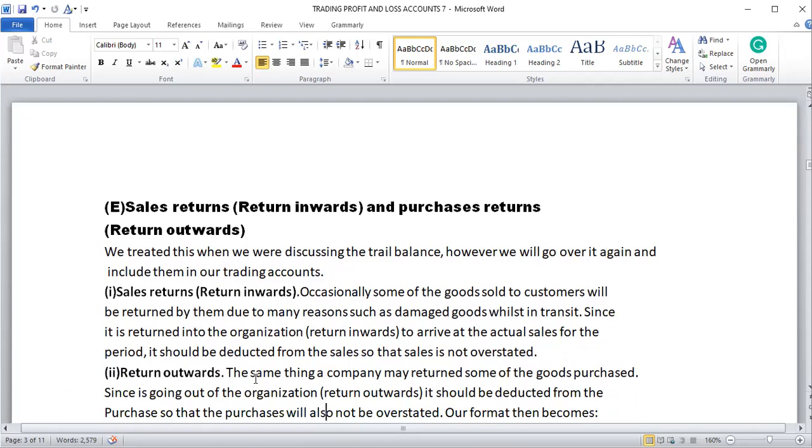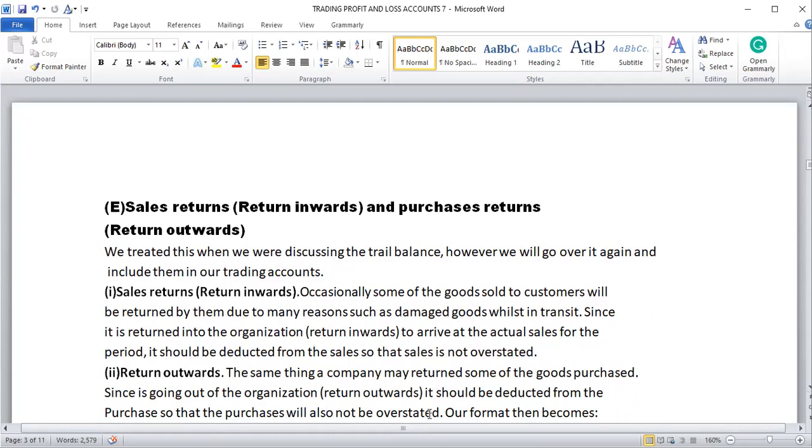Returns outwards. The same thing, a company may return some of the goods purchased. Since it's going out of the organization, in accounting, it is returns outwards. It should be deducted from the purchases so that the purchases will also not be overstated.